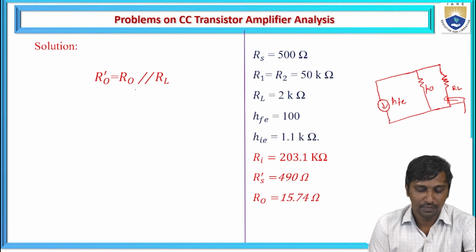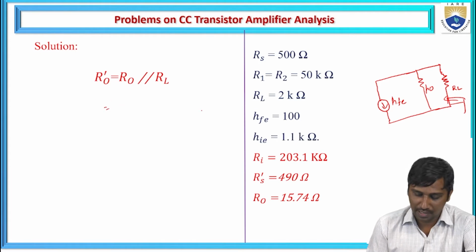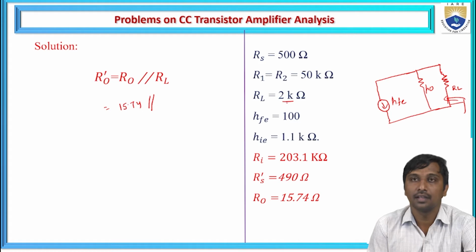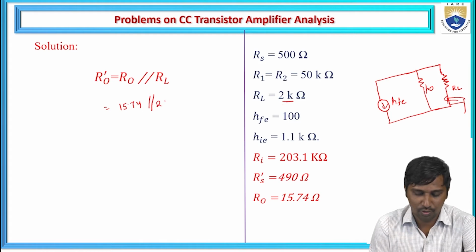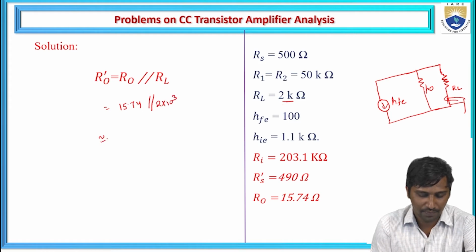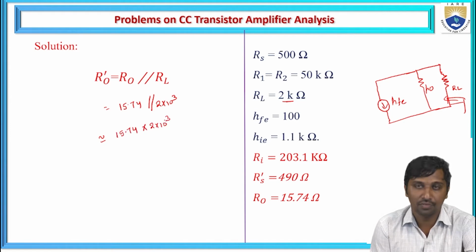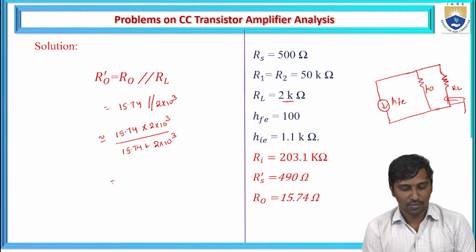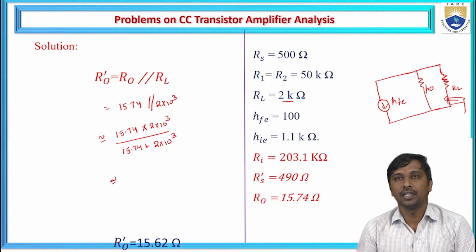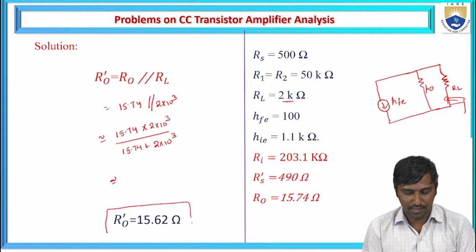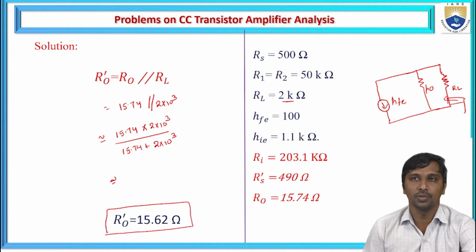What is the R0 value? R0 is 15.74, in parallel with the load resistance, 2 kilo ohms, that is 2 into 10 power 3. The parallel combination is 15.74 into 2 into 10 power 3 by (15.74 plus 2 into 10 power 3). If you solve this ratio, it gives R0 dash as 15.62 ohms.